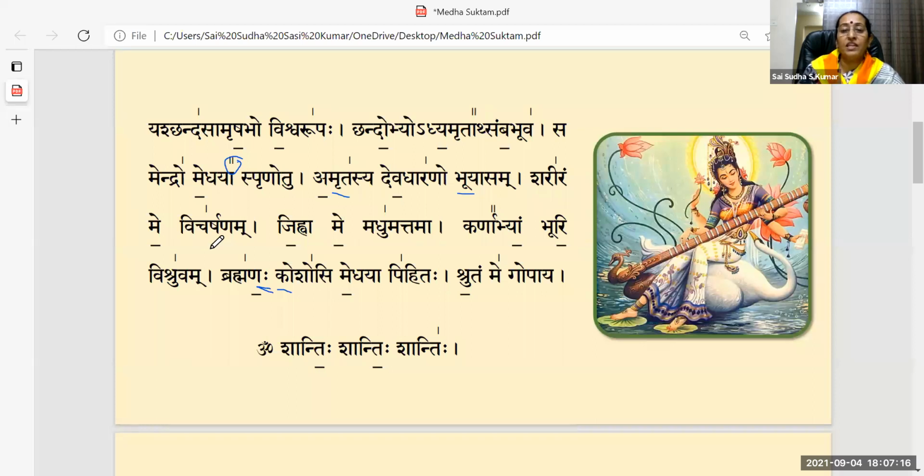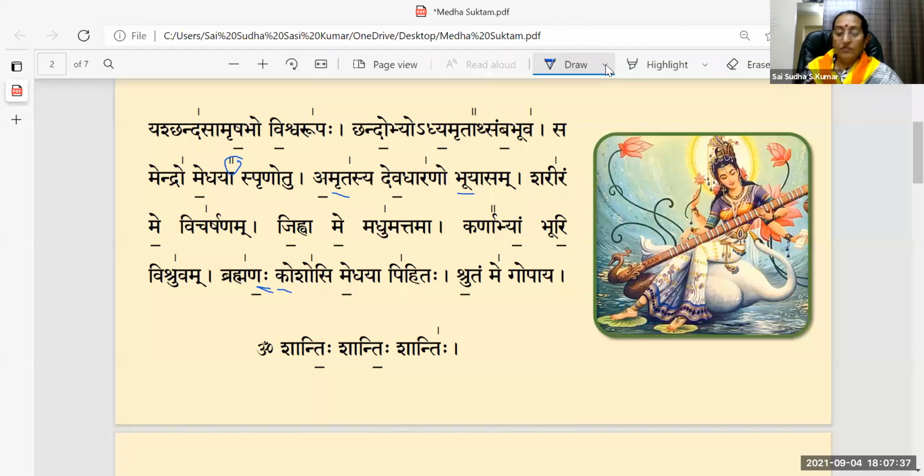So we have to be very careful while chanting that it is Medha. Medha means it is not ordinary intelligence, but intellect. And this spiritual intelligence is actually inspired from within.